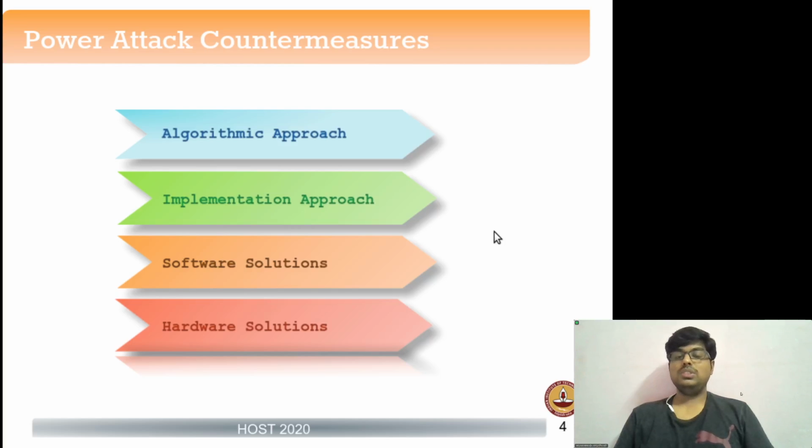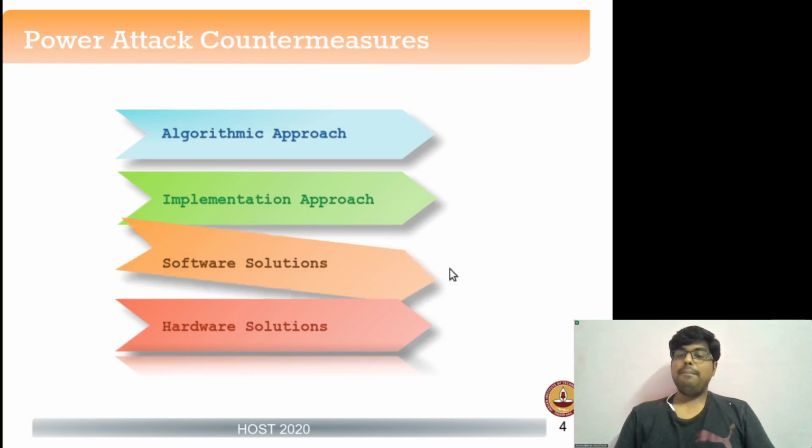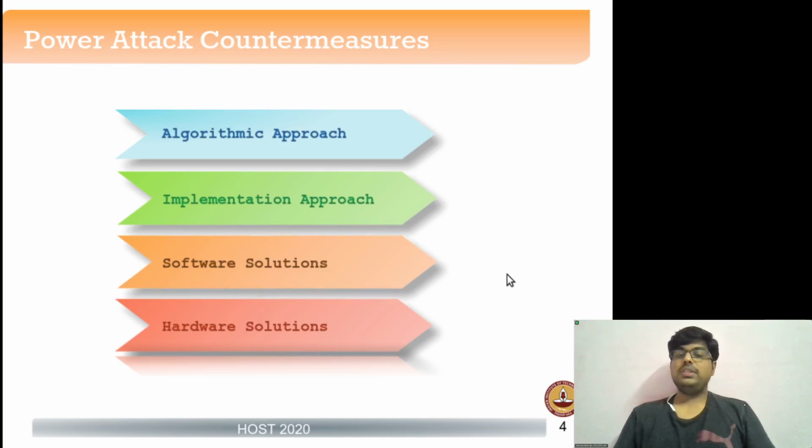In software solutions, there is work such as code morphing, which creates a moving target for the attacker that makes the attack very difficult. Finally, in hardware level solutions, constant power consuming logic styles, randomizing the input clock by jitters, and switching capacitor current equalizer modules are quite famous works.